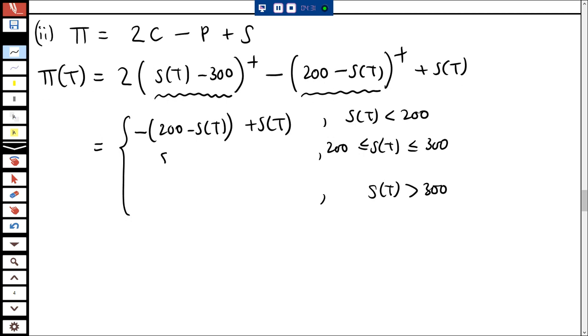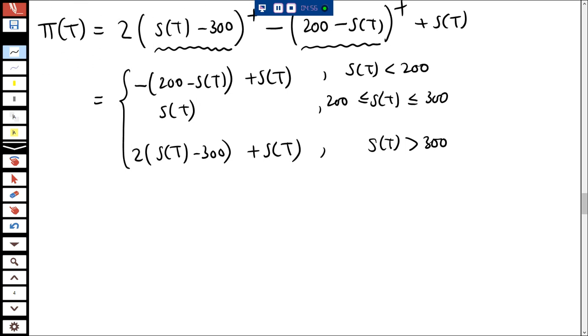So the third term is just ST. And finally, if the price is above £3, then the first term is definitely positive. The second term is going to be negative, so the option is not exercised. And the final term is just ST.